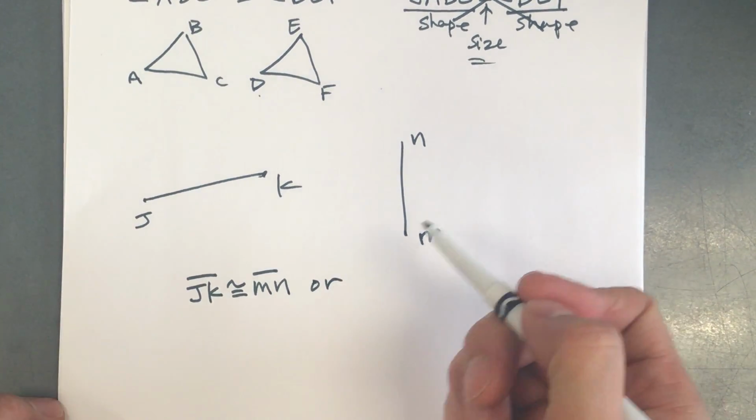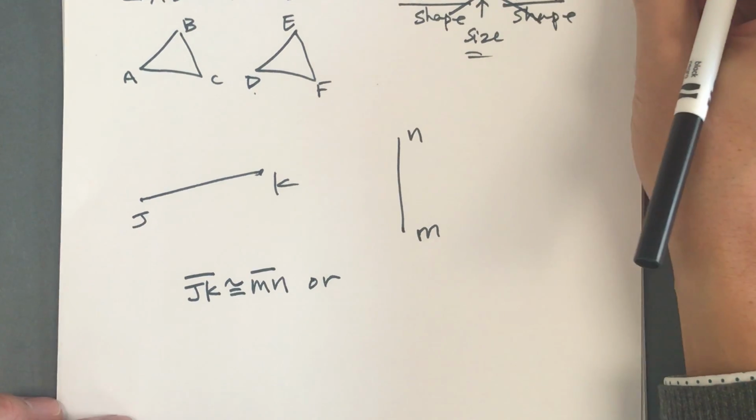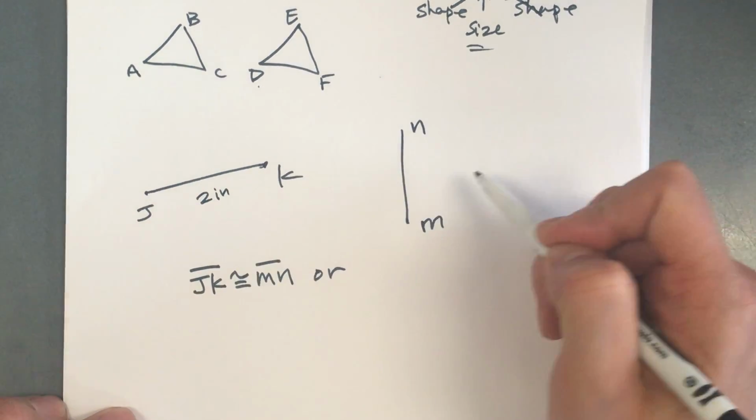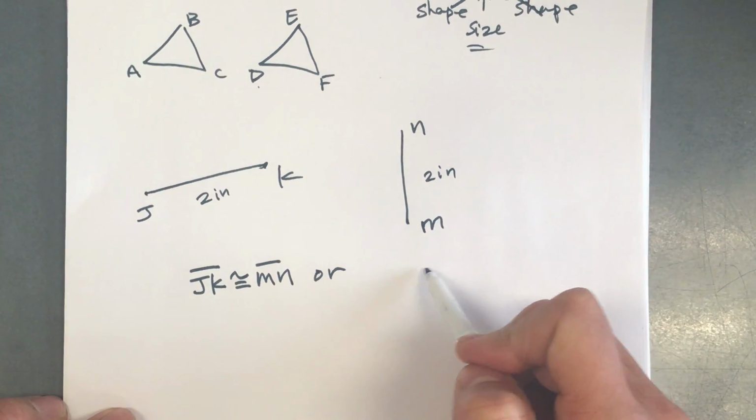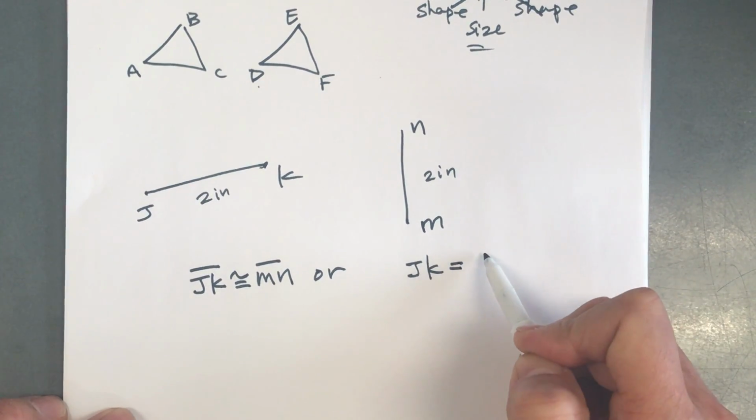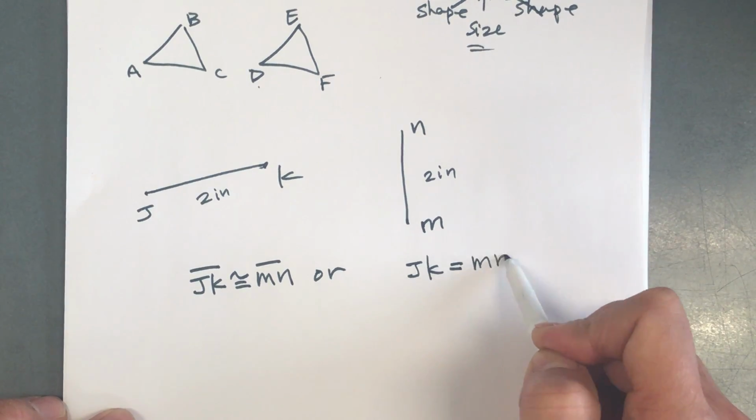Or if you know the lengths of these segments, let's say this is 2 inches, and if this is 2 inches too, then you can say JK without the overbar equals MN.